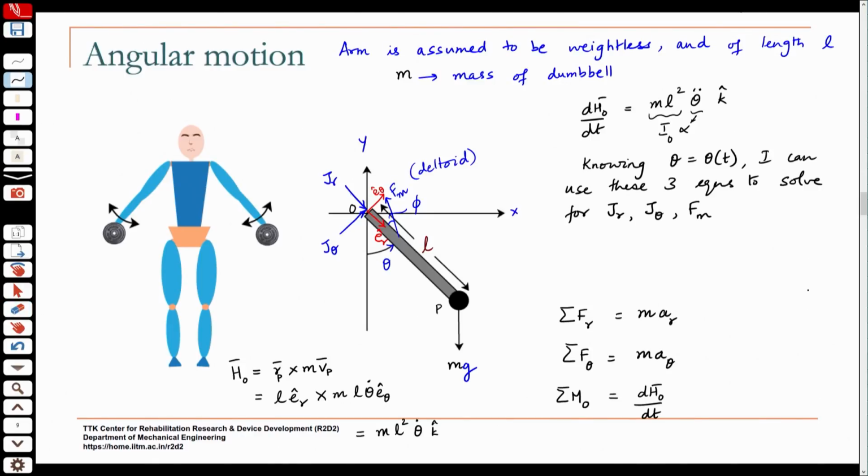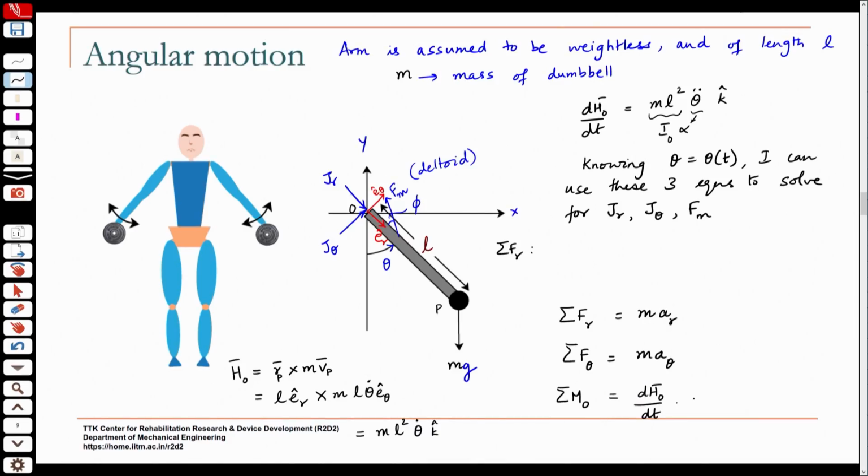Sigma F r, this gives me, if I take moments about O, I am eliminating two of the unknowns. So, it is easier for me to write this equation first.